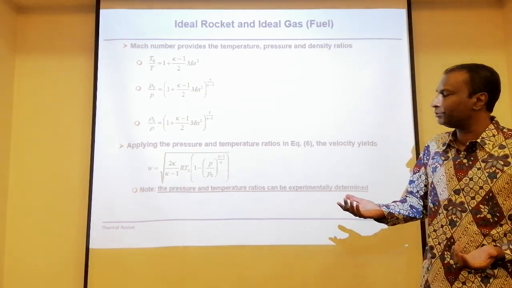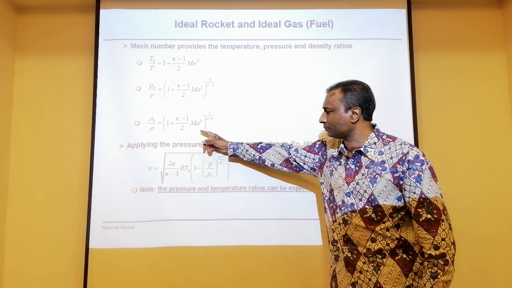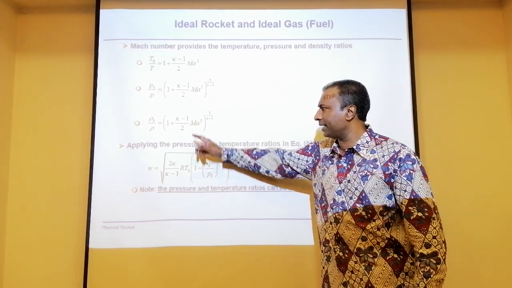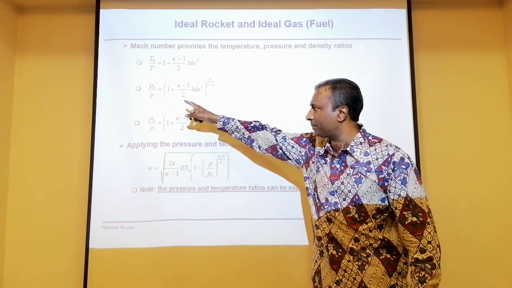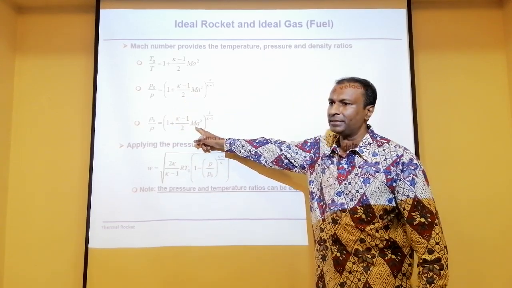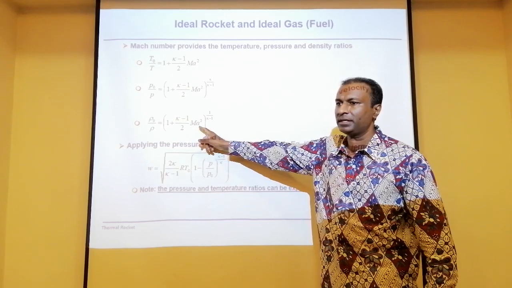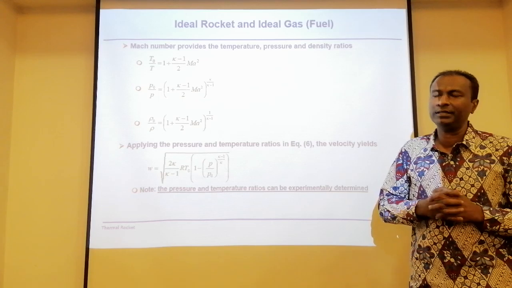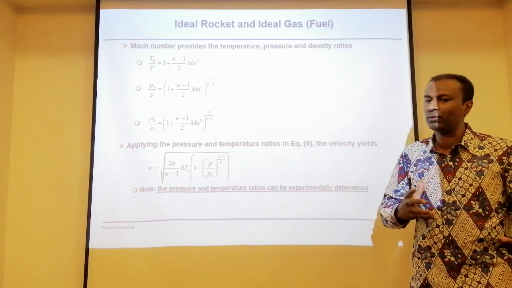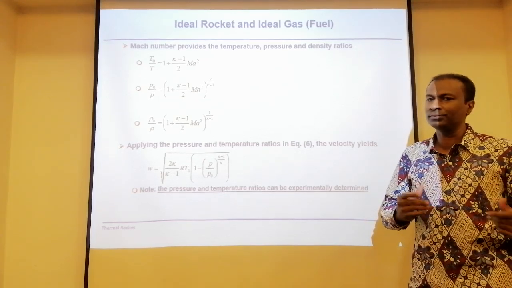Then I should technically be able to estimate, if I can measure the pressure, what the Mach number is for this particular flow. So indirectly, I should be able to calculate my W.